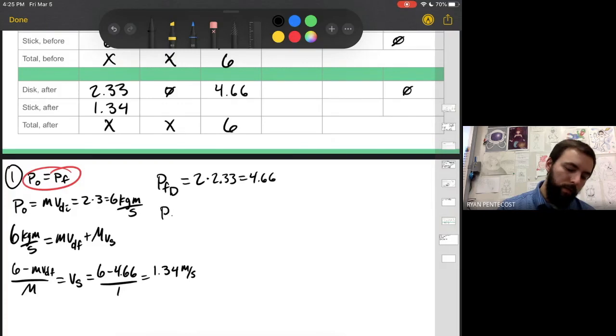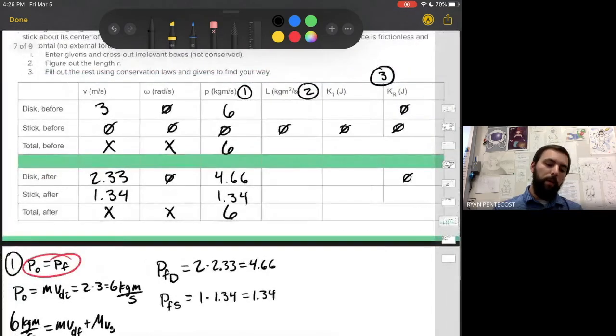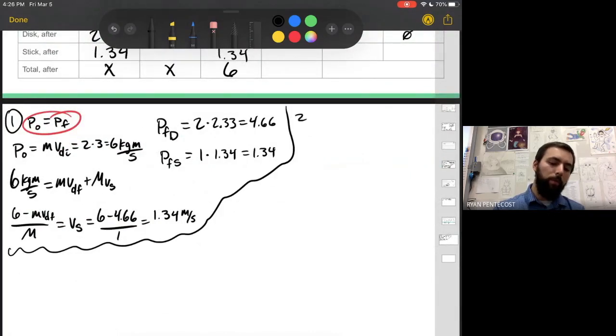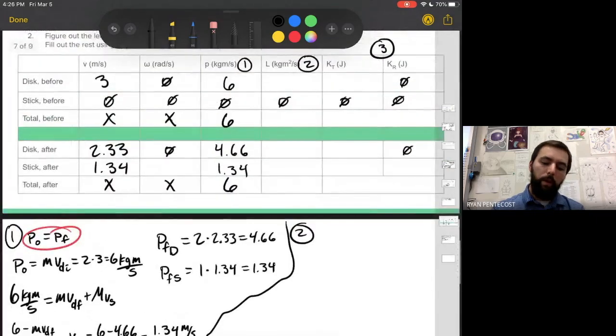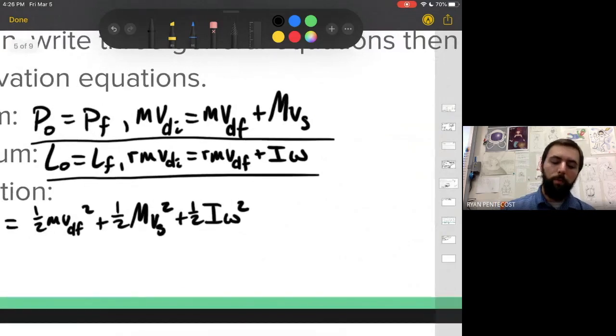And the final momentum of the stick, we have a mass of 1, a velocity of 1.34, giving us 1.34. What do you know? 1.34 adds up to 6, right? So there are several different ways that we can go about this, but we are slowly filling in the data table. Now, that was our momentum part. Now let's do our angular momentum. I'm actually going to go up and go over our angular momentum once again.